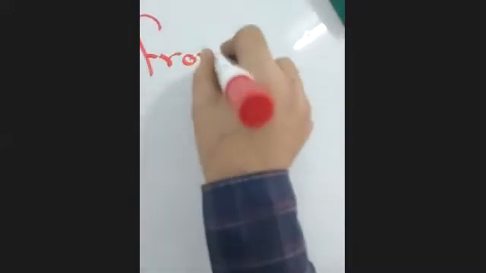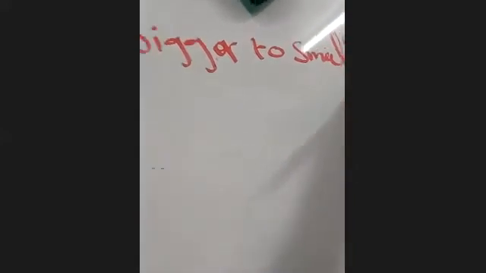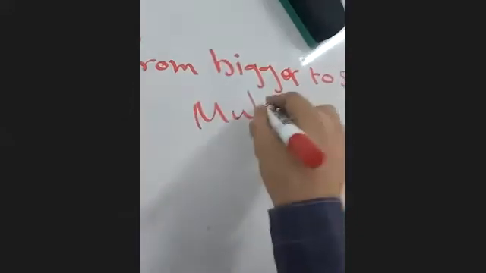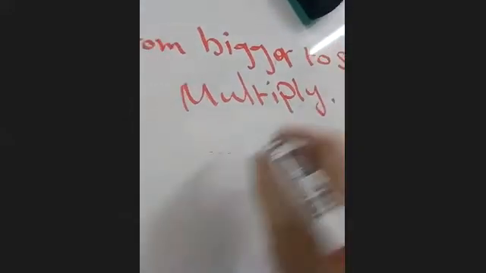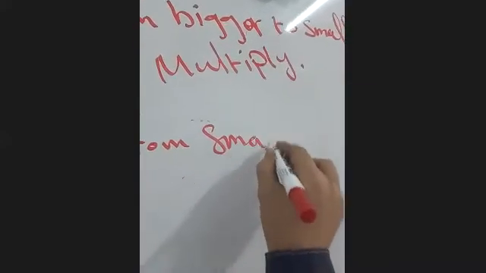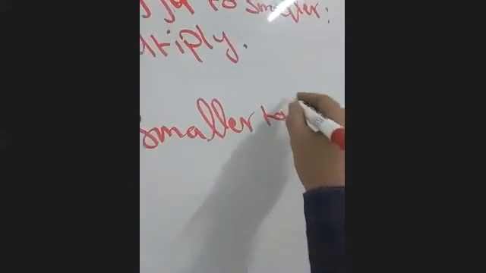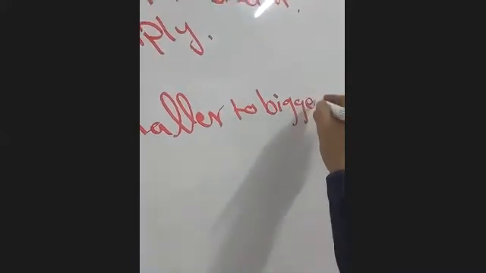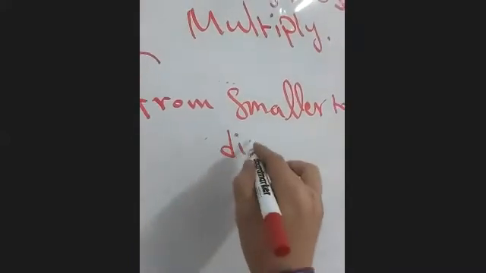Our strategy to turn between units, we did that a lot before: from bigger to smaller, we multiply, and from smaller to bigger, we divide, as we did always.